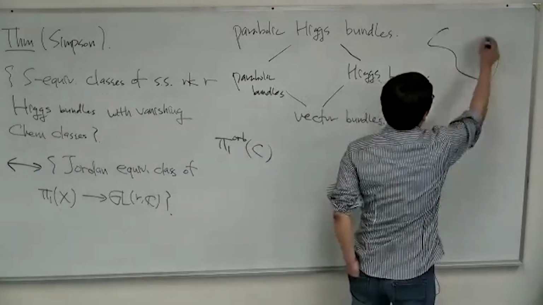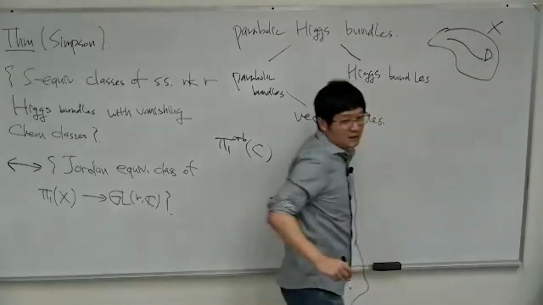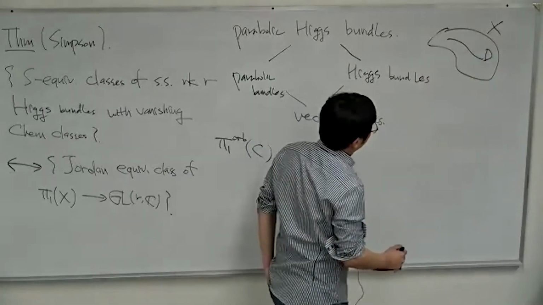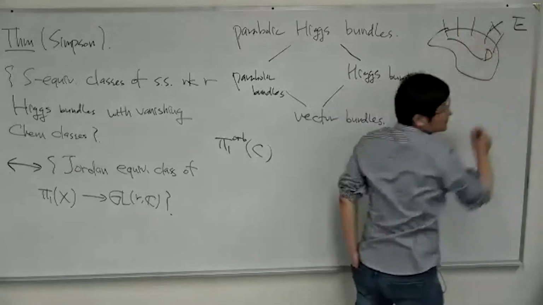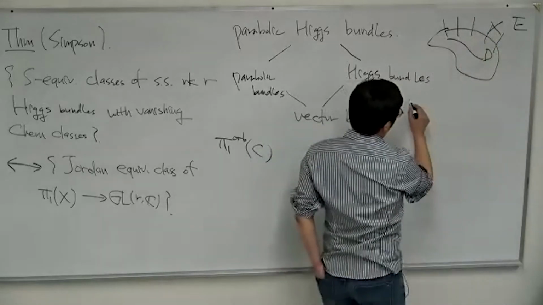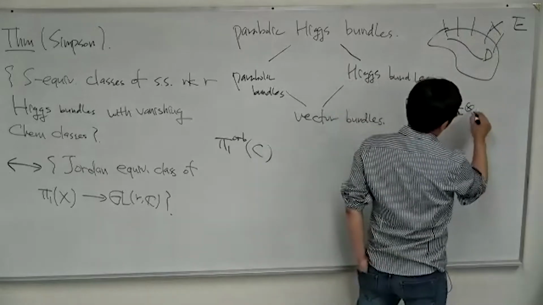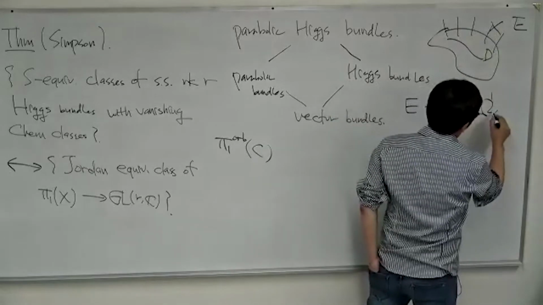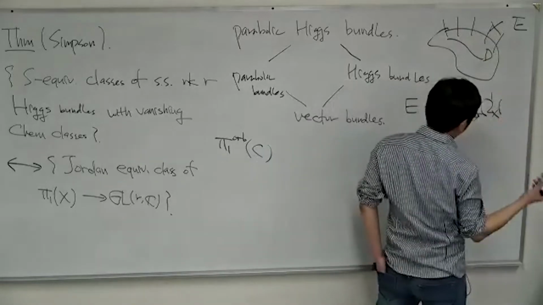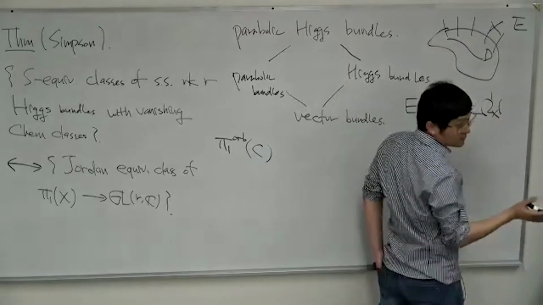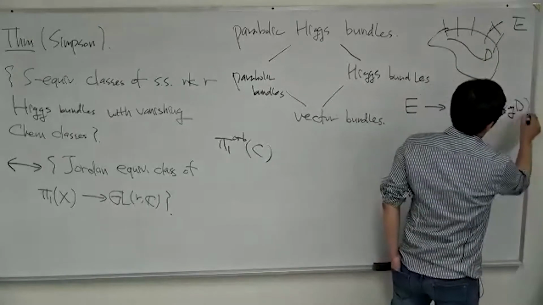So I have a variety, and then I have a divisor, and I consider vector bundles on this space, and then I have a map from E to E tensored with omega 1. In the literature there are various definitions, but some people use the log divisor.